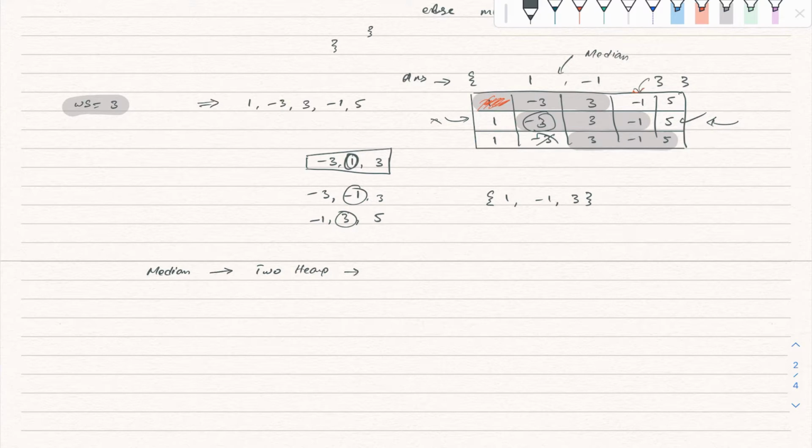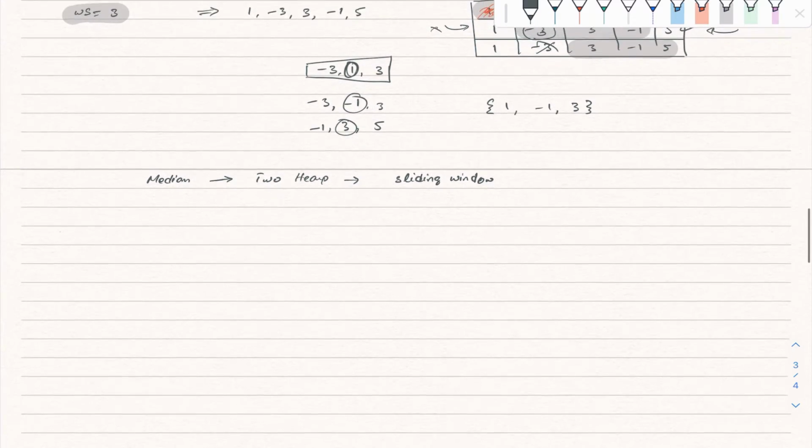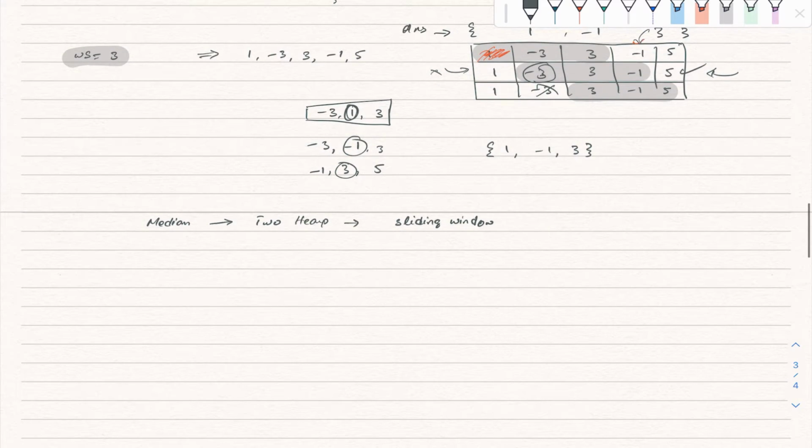And in this case of the sliding window, we can go with a loop from size 1 to n, the complete size, and we will again call the same add function that we were using previously.